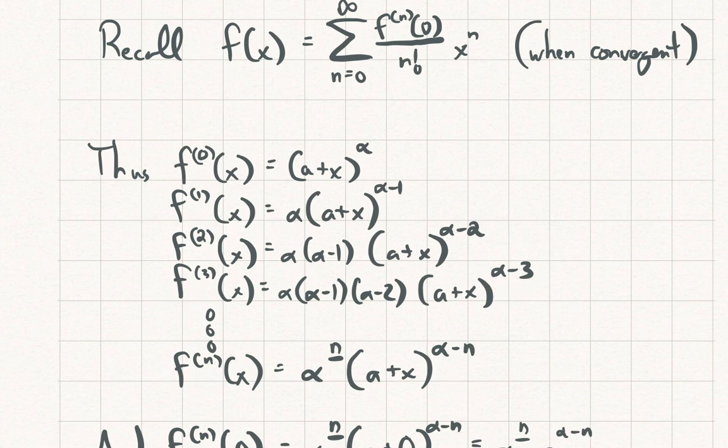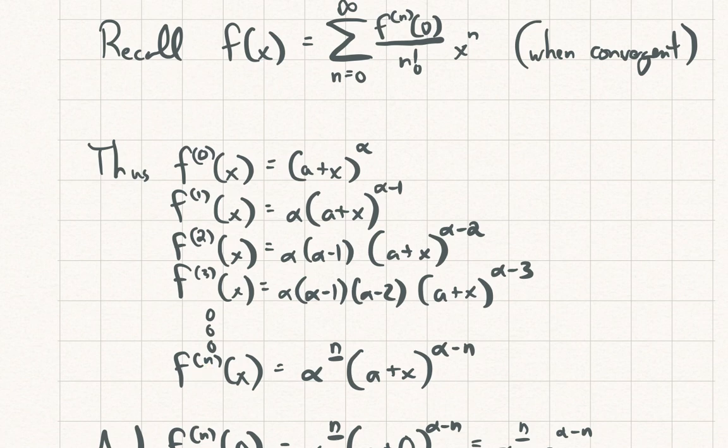And we continue on. And we can see what's happening here. We're seeing a falling factorial of alpha appear as your coefficient for a plus x. And we note for the first derivative, we have the first falling factorial of alpha. The second derivative has the second falling factorial. The third derivative has the third falling factorial.